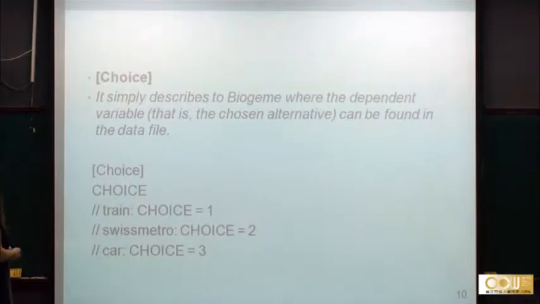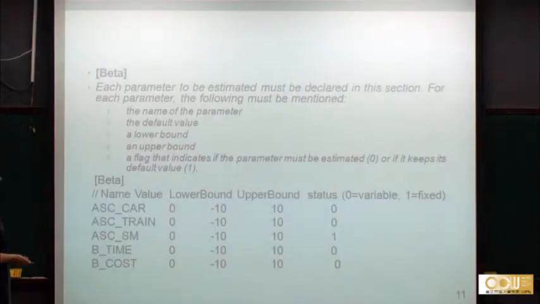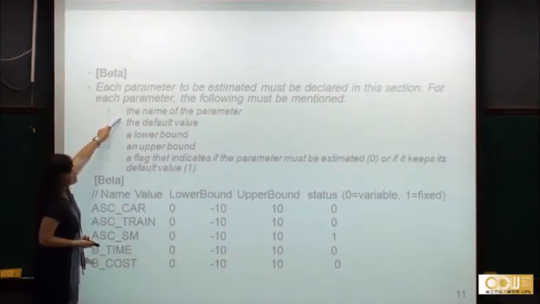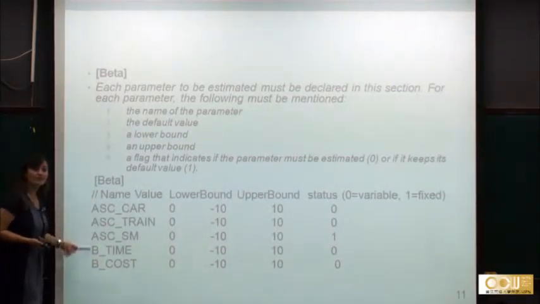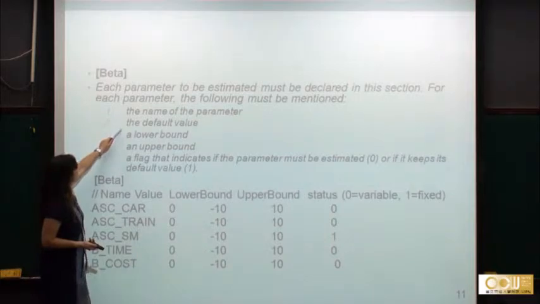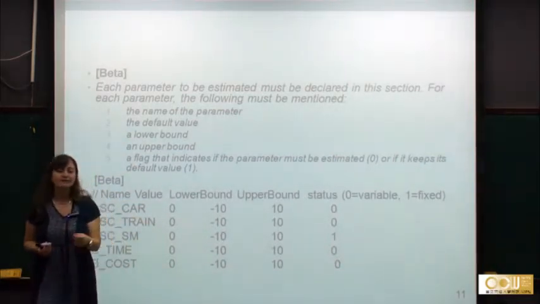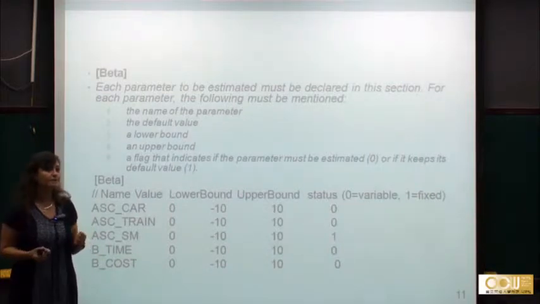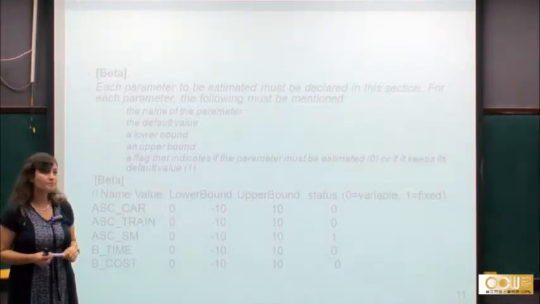And these are comments, the parameter. So now he wants you to list all the parameters in your model, and that's the way he wanted this. So he wanted the name of the parameter, right? Remember, these were the way they were specified in the utility function. He wants the default value. To facilitate the estimation, you can sometimes give a starting value. In logit, it's not necessary, but sometimes in nested logit, it helps.